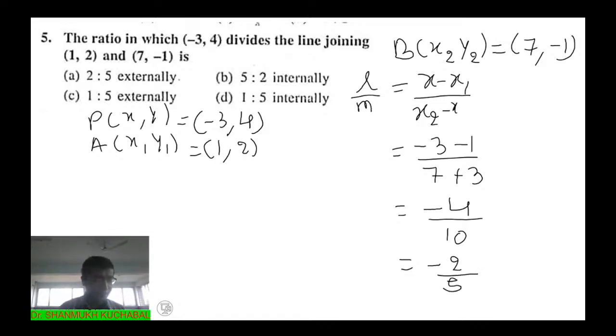Here it is a negative number, therefore it is external. So 2:5, option A, 2:5. Externally, it will cut the line AB over here.